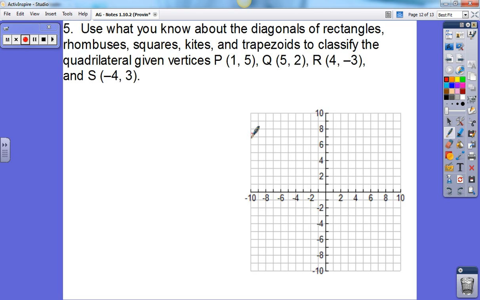Alright, so last example, we've got 1, 5, 5, 2, 4, negative 3, and negative 4, 3. Alright, so let's look at the slopes of the opposite sides.